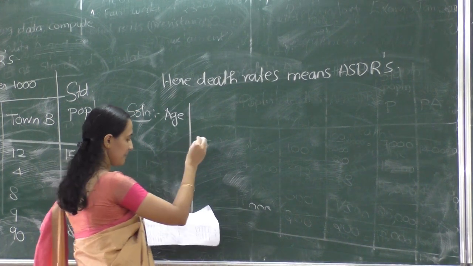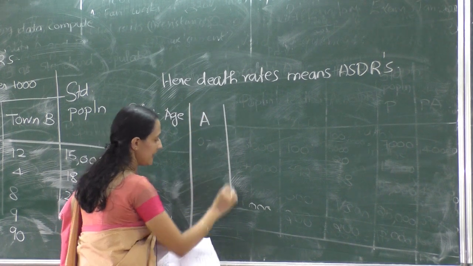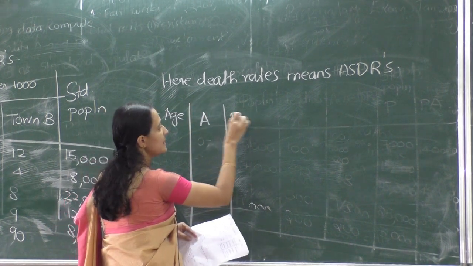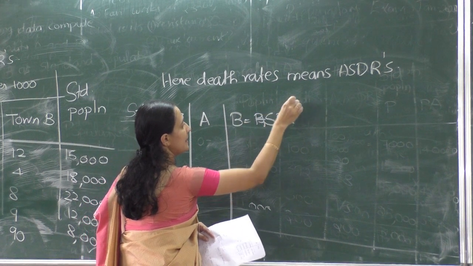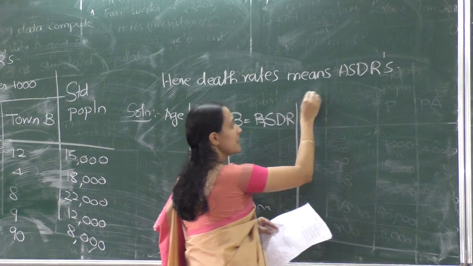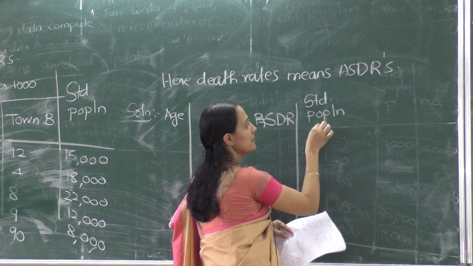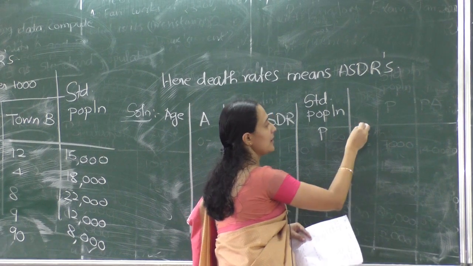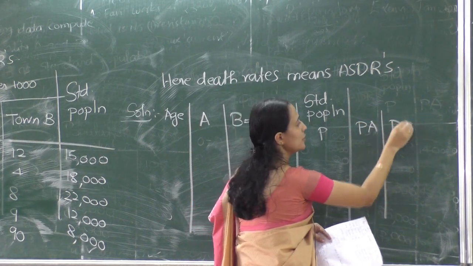So: age, then town A's death rate, capital A, then town B's death rate, capital B. Next the standard population P, then one column for P into A and one column for P into B.